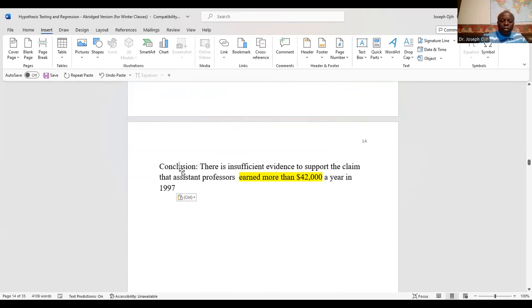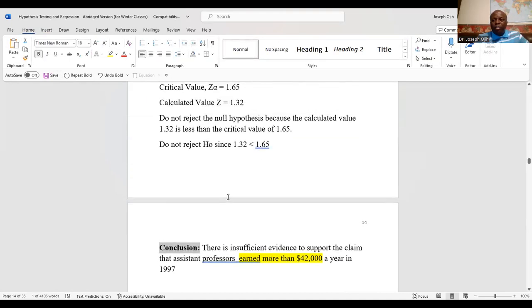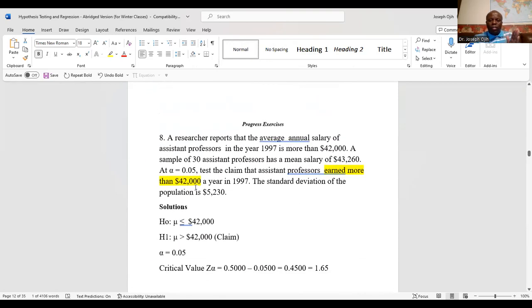Now I'm going to go over it one more time so that you can see what we did and perhaps ask some questions. The question is that a researcher reports that the average annual salary of assistant professors in 1997 is more than 42,000.